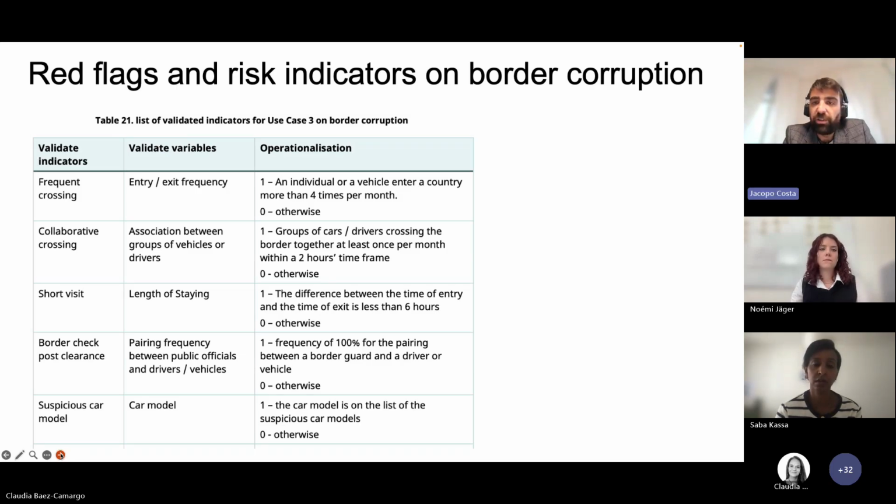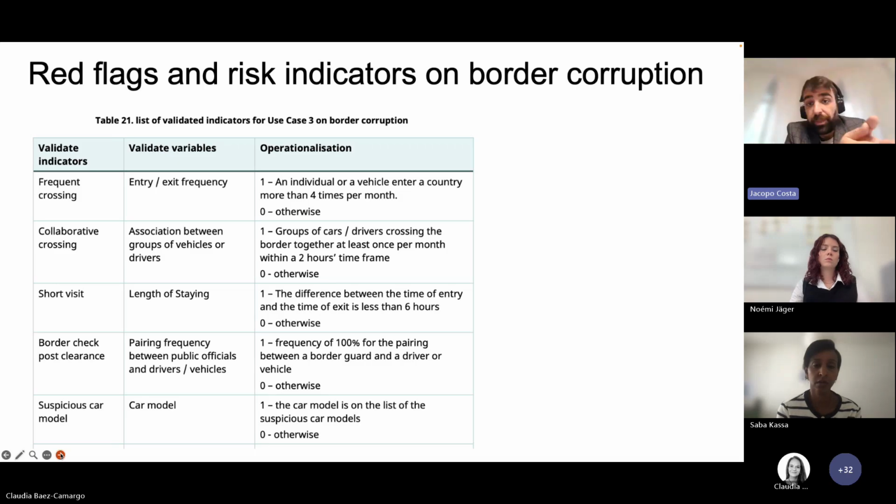The fourth is border check post clearance: the fact that a vehicle or a driver always crosses a border while a specific public official, a specific border guard, or a specific customs agent is working is a symptom that something suspicious is going on. And finally, the last point is about suspicious car models, that is, stolen vehicles. We have a list and we are comparing.